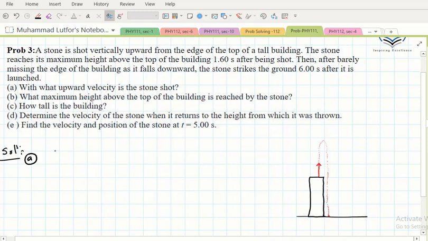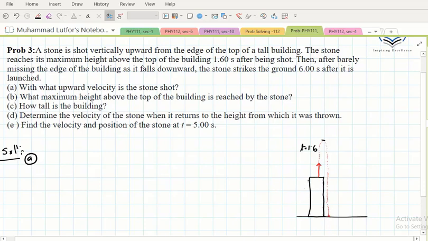They also say that it will reach its maximum height above the top of the building 1.6 seconds after being thrown, and the total time to reach the ground is 6 seconds.